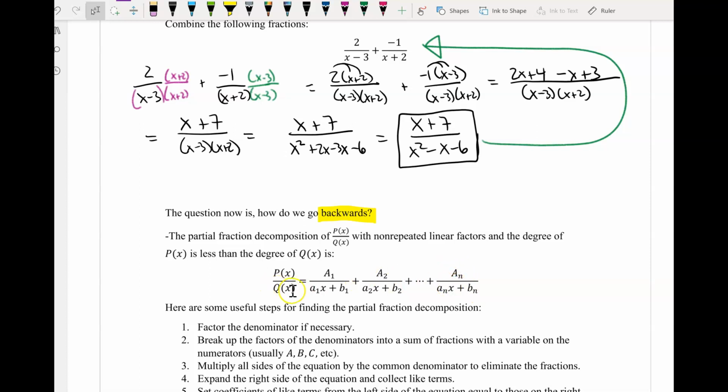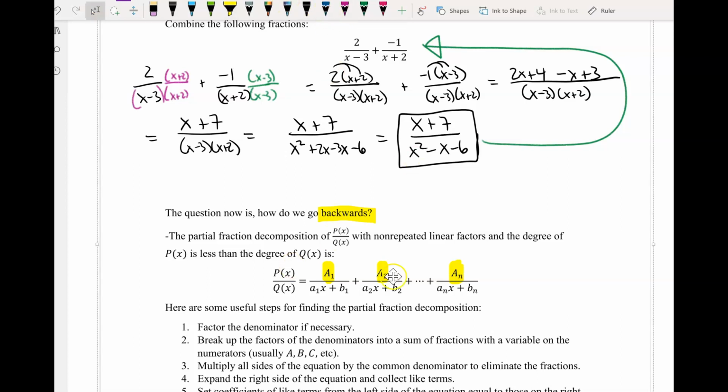Basically, q of x has many factors, so these are all the factors of q of x, and on the top you're going to have some constants. All of these numbers, A1, A2, and An, are constants that need to be found.